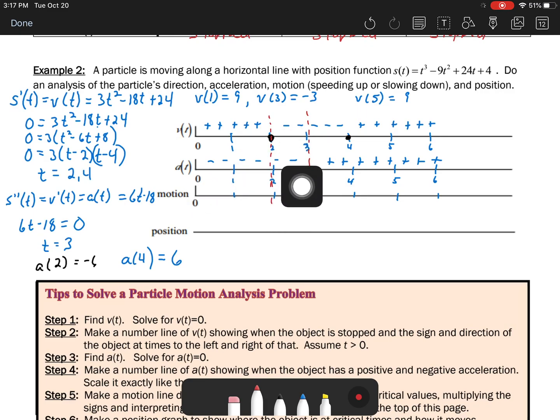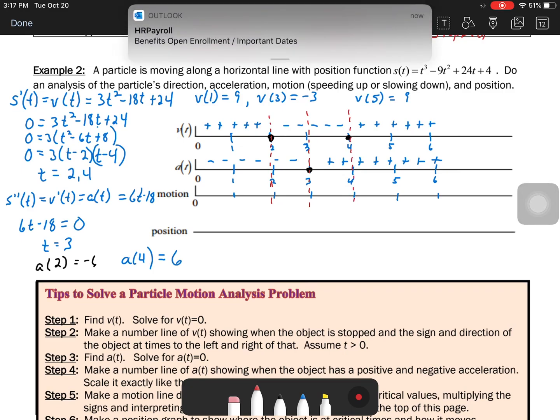Between 2 and 3 seconds, I have negative velocity and negative accelerations. Between seconds 3 and 4, I've got negative velocities and positive accelerations. And the rest of the way, beyond 4, I've got positives for both. That is what I want to compare when I'm doing this.